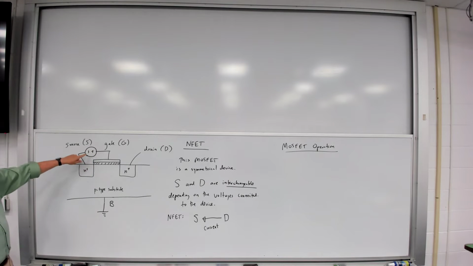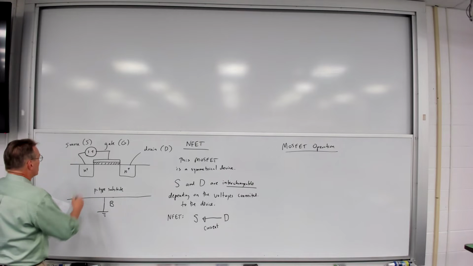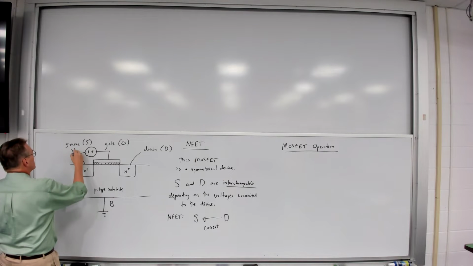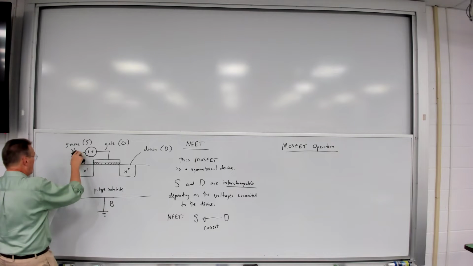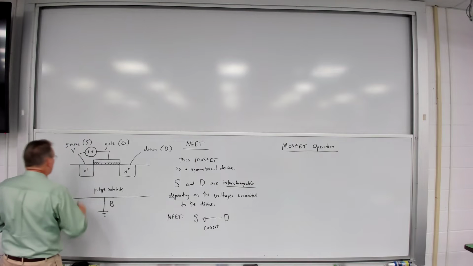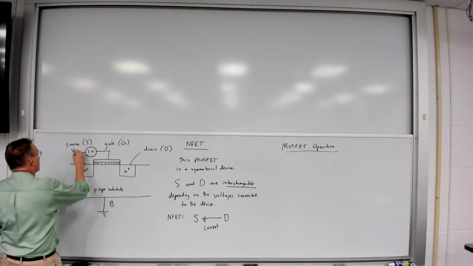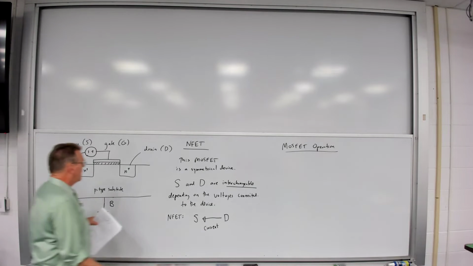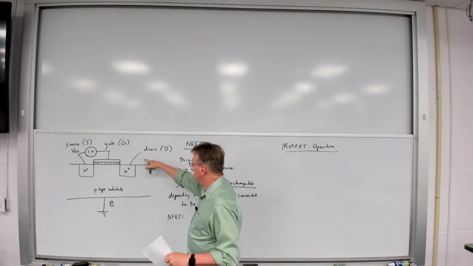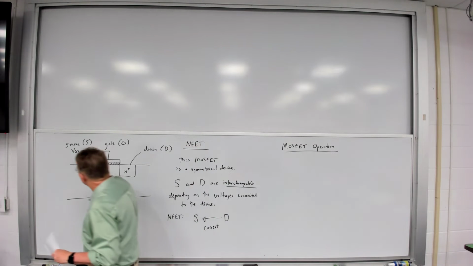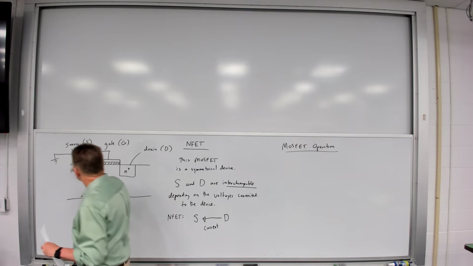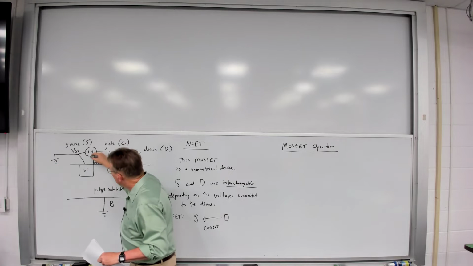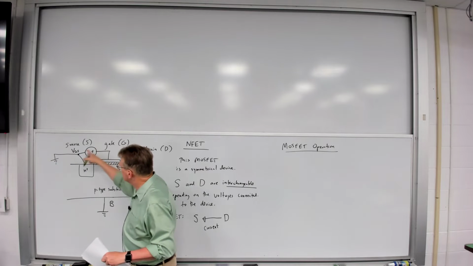So I'm going to connect a voltage source between the gate terminal and the source terminal. And I'm going to call this voltage VGS. Then I'm also going to take the source here, and I'm going to ground that source too. So the source is grounded, but I've got a voltage source from that gate to that source.